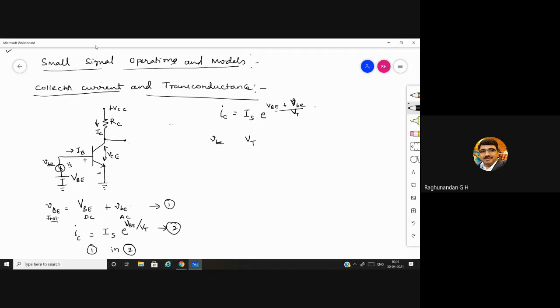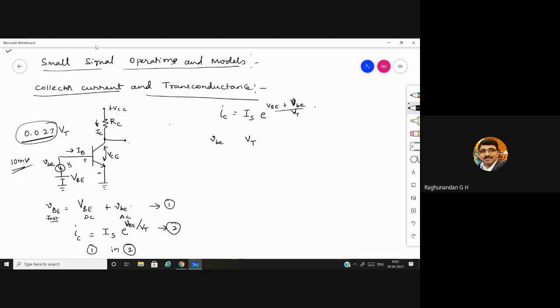But it might be around 0.027, and if you consider the base to emitter voltage to be a still lesser value, let us take it as 10 millivolt. Now, which is greater among these two? 0.027 is greater. So VT is greater than VBE.